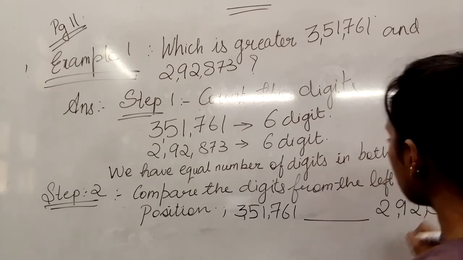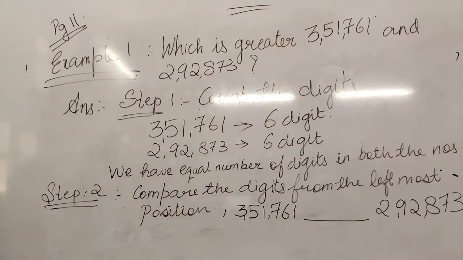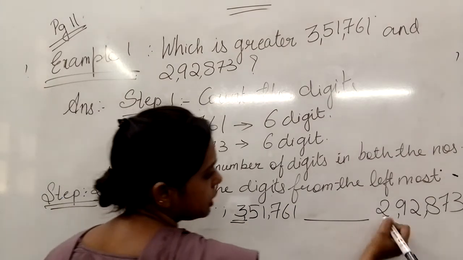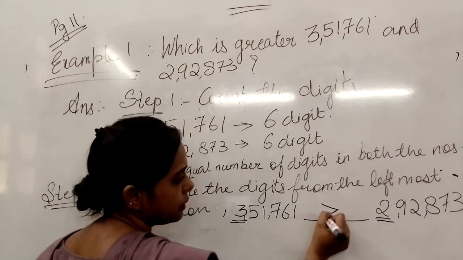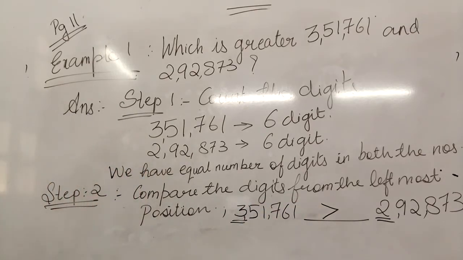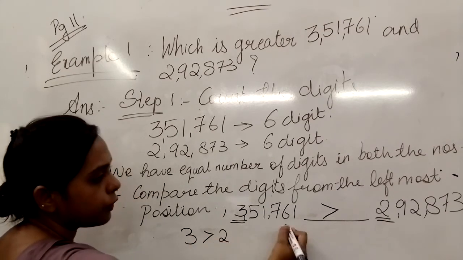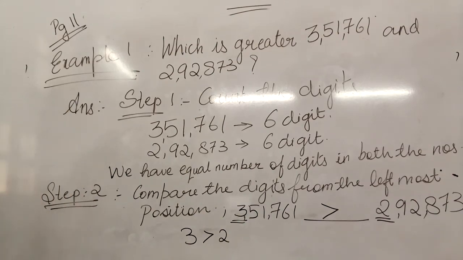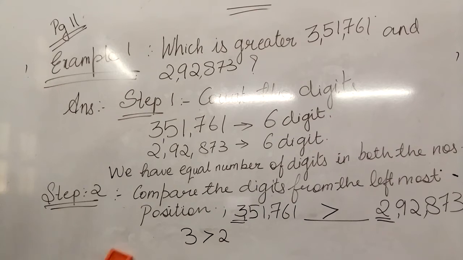Now you have seen the numbers. Now what will you do? You will start comparing from the leftmost number. See the first number, 3 and 2. Which number is greater? I know you know the answer. The number 3 is greater. So here you will put the greater than sign. 3 is greater than 2.